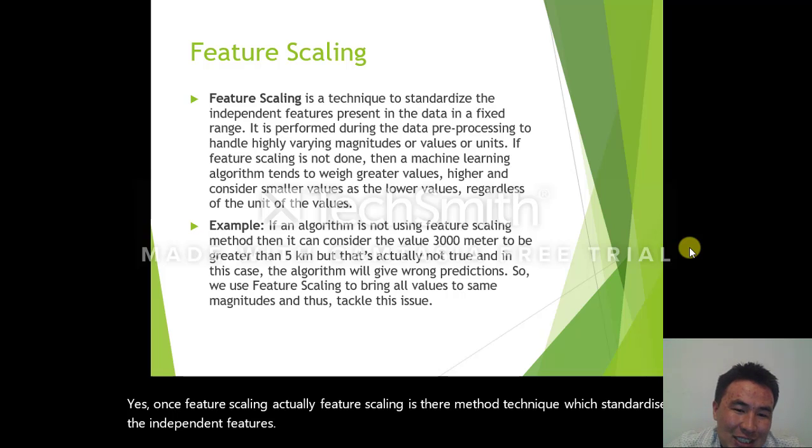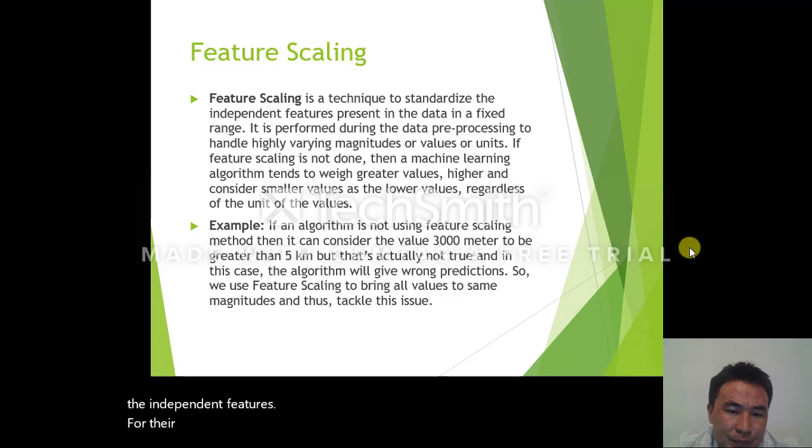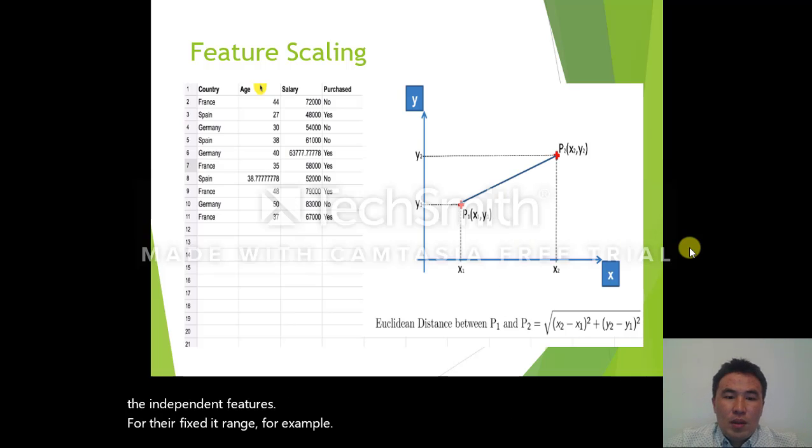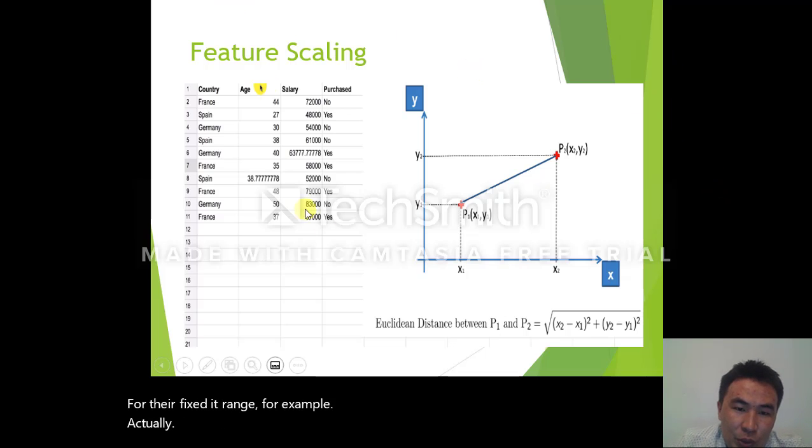Feature scaling is the method which standardizes the independent features to a fixed range. Sometimes, depending on the value of one item, our weighting may change.